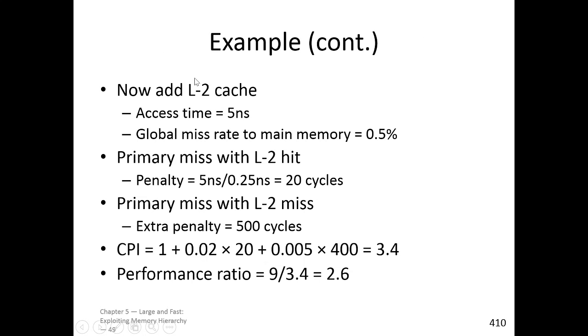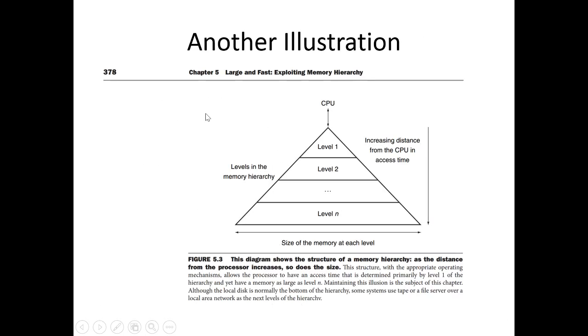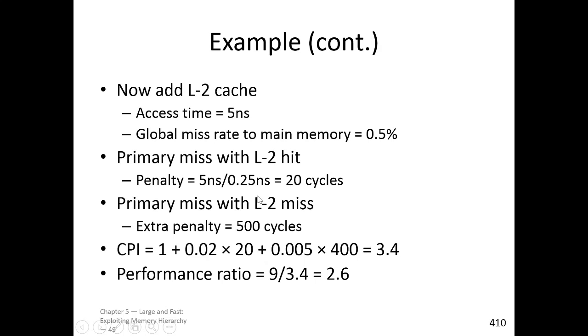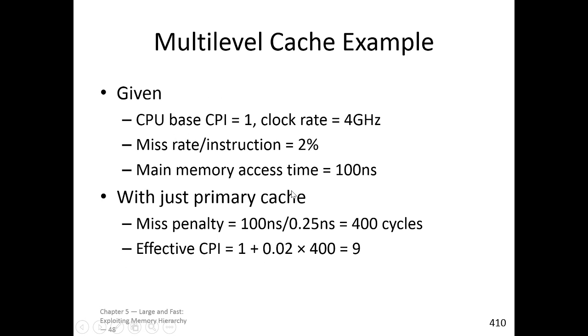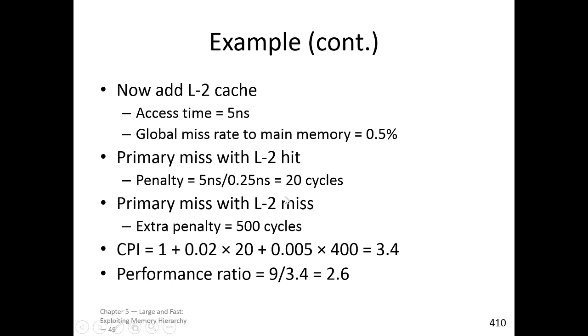Here's another example, now going up to L2, which is further away, relatively speaking. When you have a miss now, the penalty is 20 cycles for L2, whereas it was 400 cycles for primary.